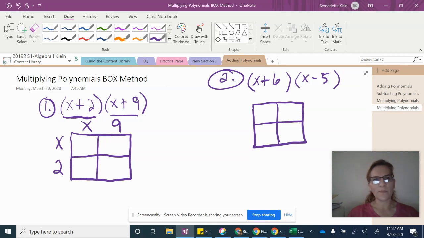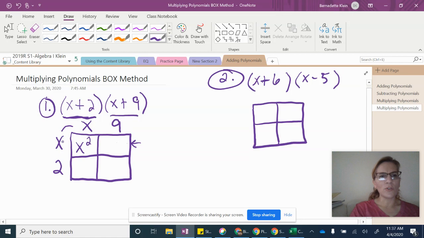On the outside of the problem, when you're working on the outside to get to the inside, you're going to multiply. So x times x will give you x squared. Now to get this next box right here, you need to use your x and your 9.